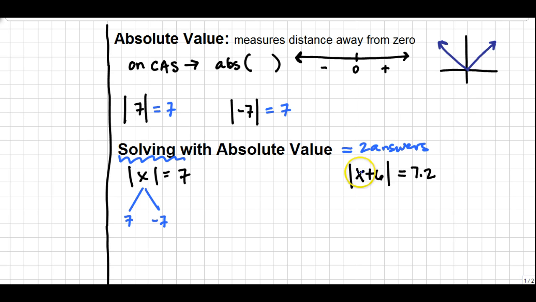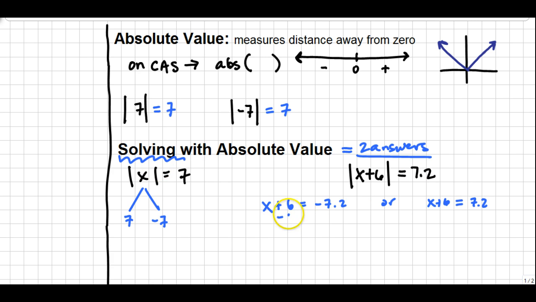So when you're trying to solve something like the absolute value of x plus 6 equals 7.2, we have to solve it twice because inside the bars we could get a negative 7.2 or a positive 7.2, because then when we take the absolute value of the answer it will turn into positive 7.2. So we always need to make sure that we get two answers when we do absolute value with solving.